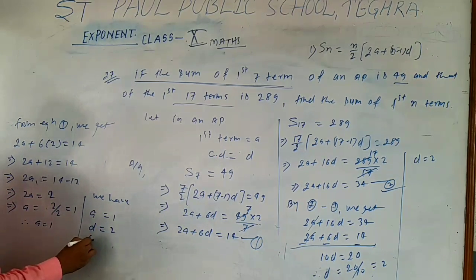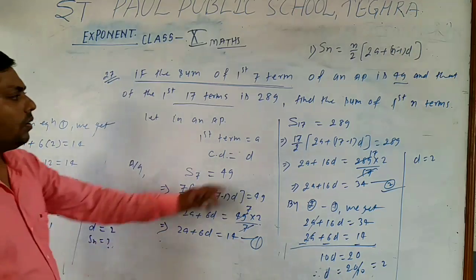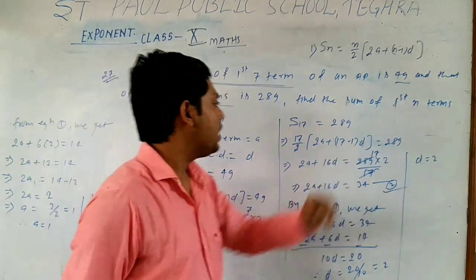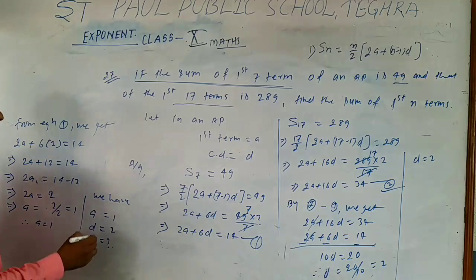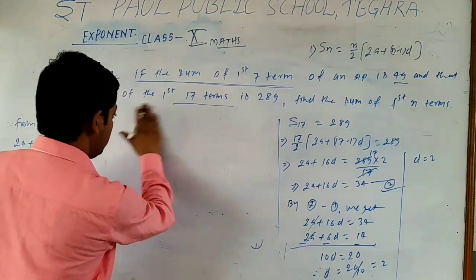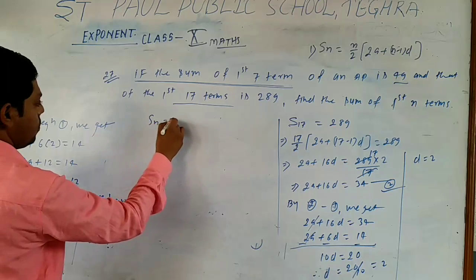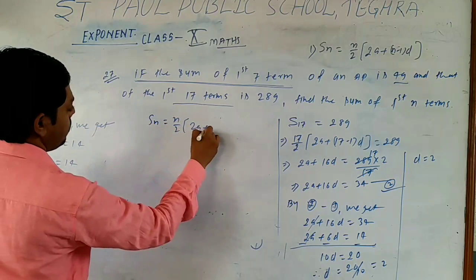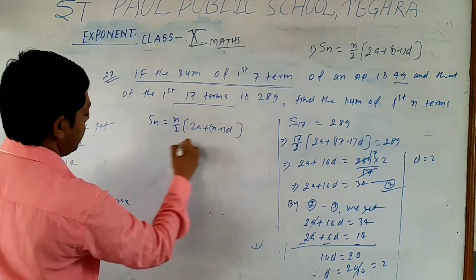And Sn equal to what? In the question, find the sum of first n terms. Thus, as we know, Sn equal to n by 2 times 2a plus n minus 1 into d.